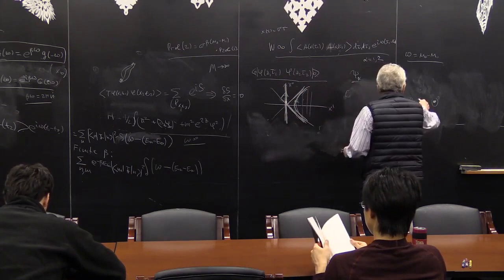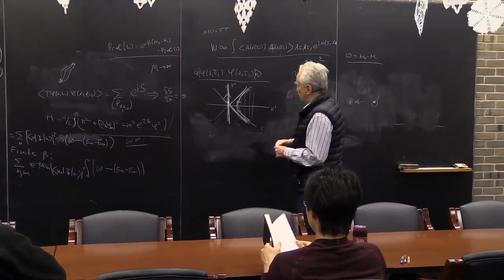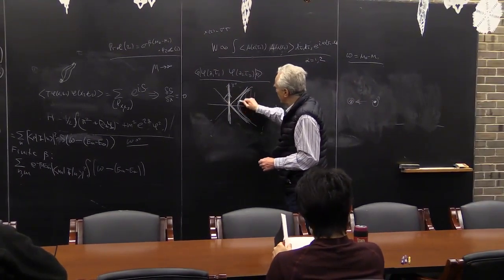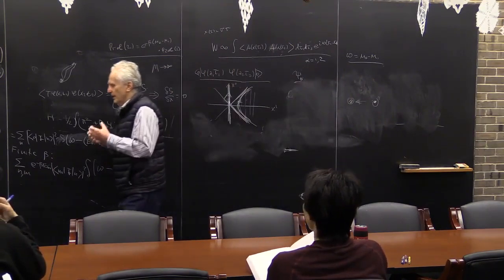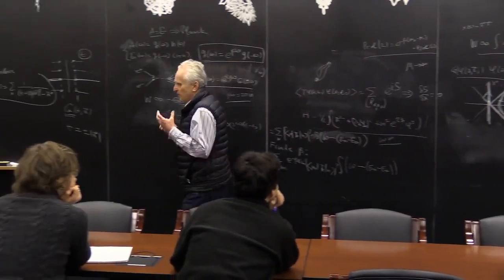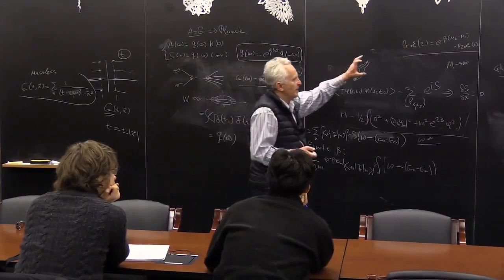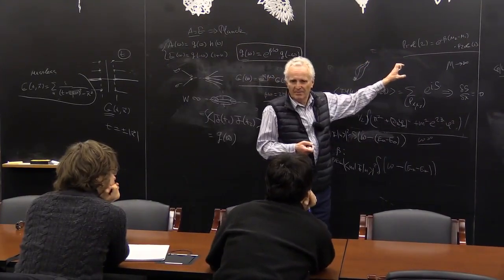Okay? And indeed, the situation here is that when we have two observers, suppose both of them hold thermometers. By thermometer, I mean this two-level device.